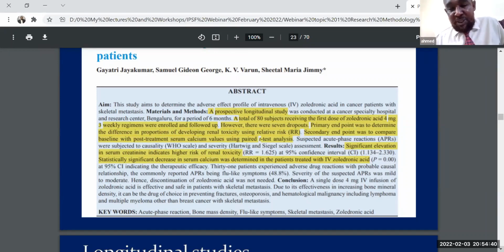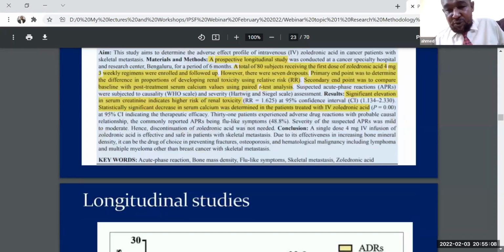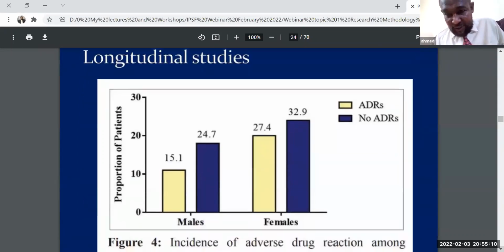That means we select a sample from the population at one time, then we select another sample after a certain time. Because the second subjects are different from the first, it is called repeated cross-sectional, not longitudinal. But when it is longitudinal, the same subjects are followed up to measure change or to see what outcomes occur.